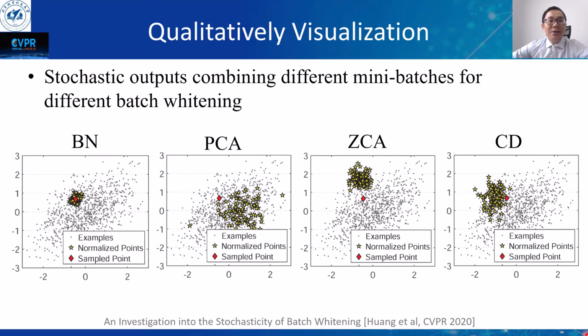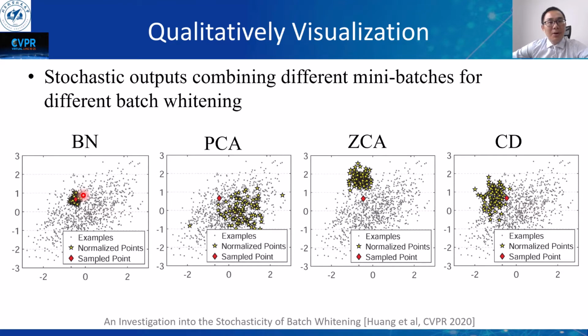It is clear that the distribution of the PCA whitening output of one sample is very sparse, which means that X has significant diversity. This suggests that PCA whitening provides large stochasticity. On the other side, the batch normalization output shows a tight Gaussian-style distribution, which suggests that BN has smaller stochasticity.